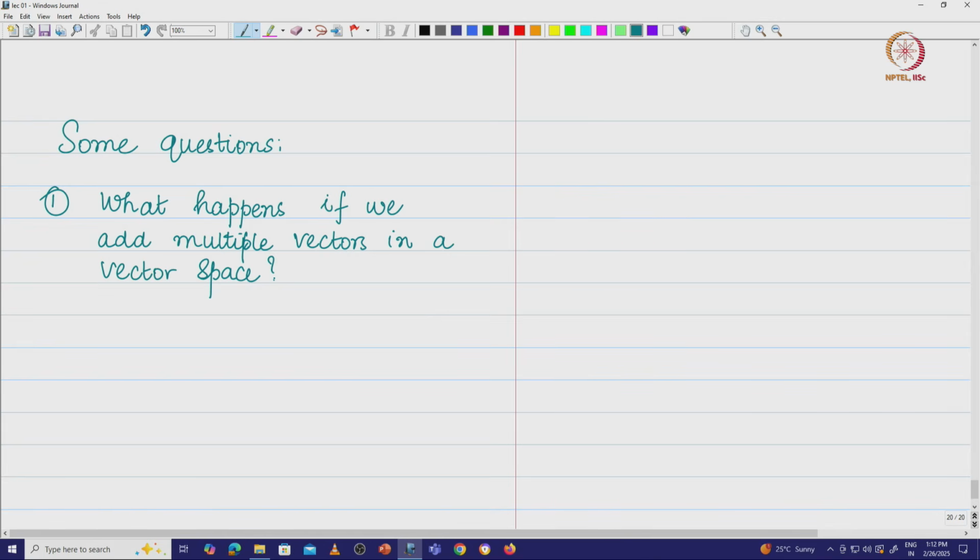Basically, instead of saying add multiple vectors, let us say in other words, what is it to say combining vectors?